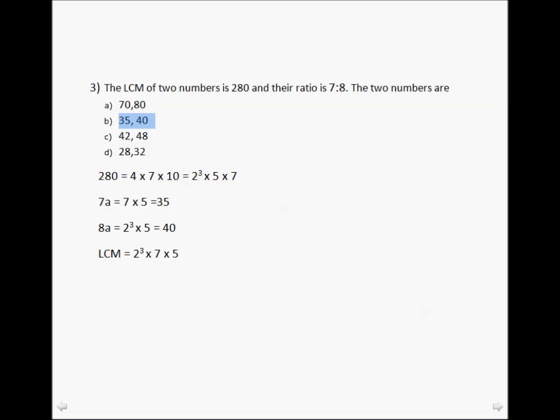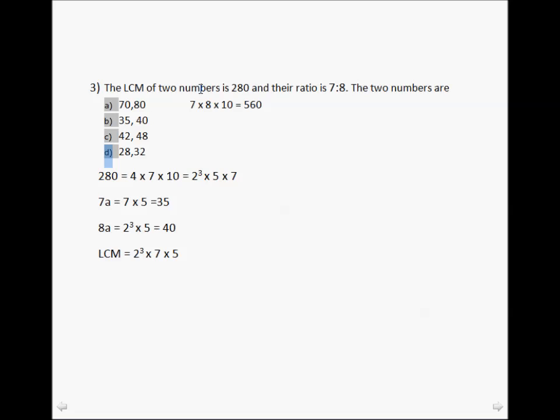Or the easier way out is via options as well. So if you see the first option, if you find the LCM by the prime factors method, the LCM would be 7 into 8 into 10, which is equal to 560. In second case, LCM would be 280.